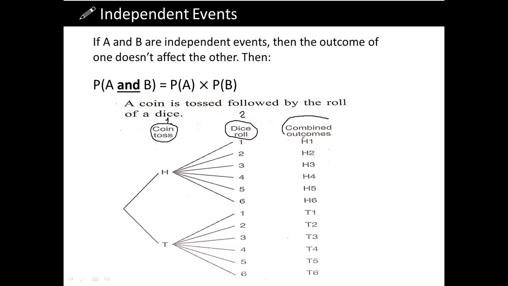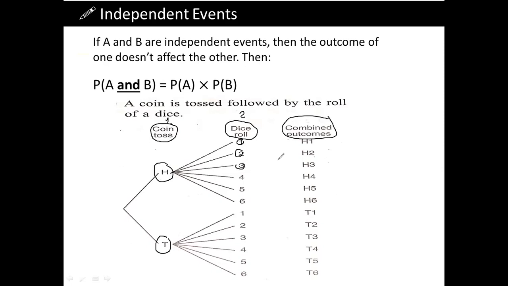When you toss a coin, it can be a head or a tail. So that is the first event. Now the second event, if you roll a dice, then you can get either number 1, 2, 3, 4, 5, or 6. So you can have a head and 1, or a head and 2, or head and 3.